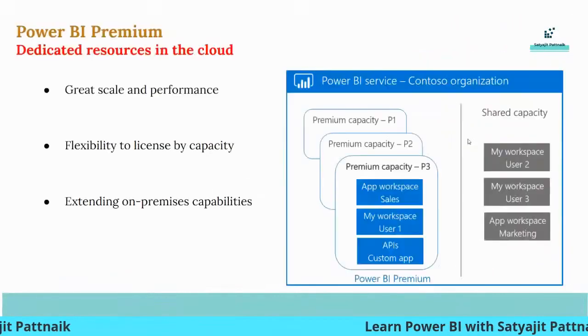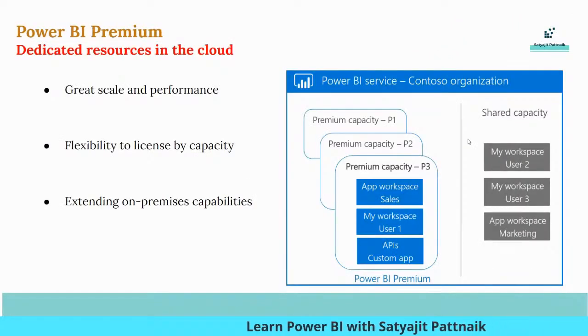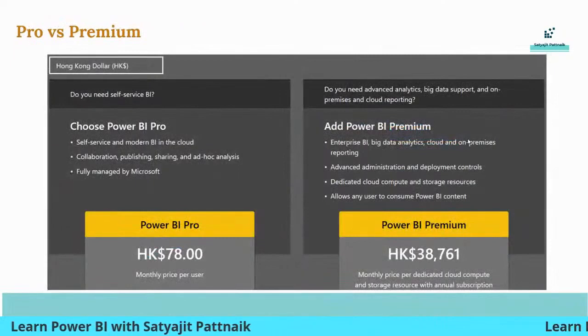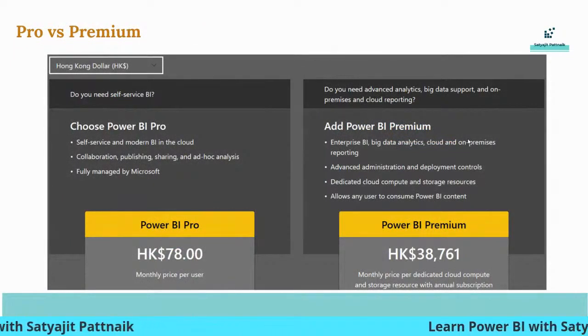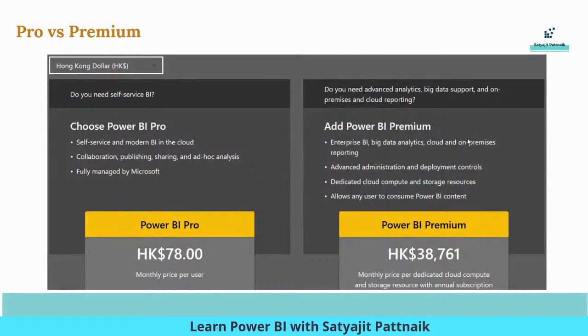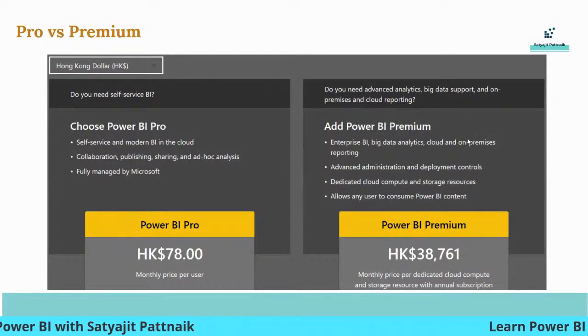Power BI Pro versus Premium. Vaguely, I explained to you the basic differences between them. I have this sheet as Hong Kong markets because I'm based out of Hong Kong. So Power BI Pro is basically like 700 Indian rupees, and Premium is way costlier.